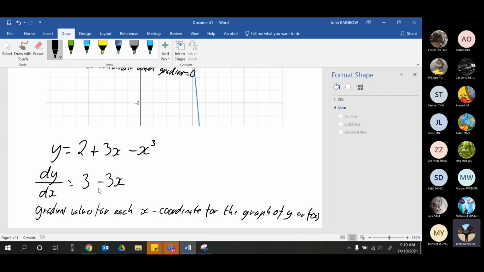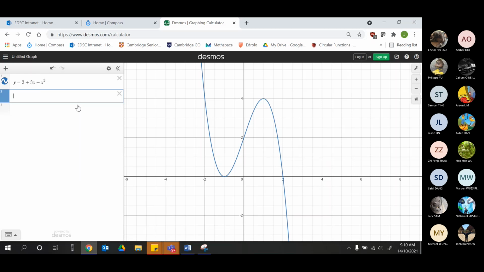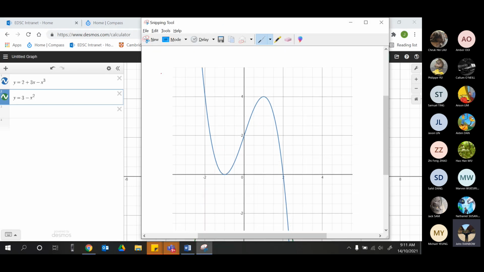So if I put this in, 3 minus x squared, we get an equation like this. That's dy over dx, which is really what it is there, but I'm just going to put it in as y, and that is the calculus.